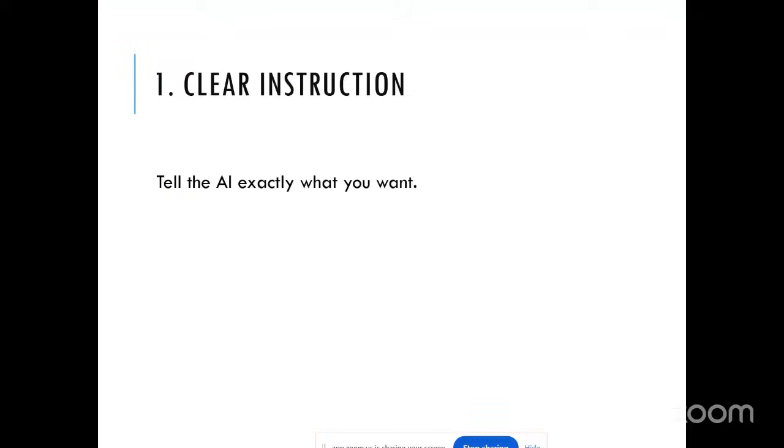The first one is clear instruction. Tell the AI exactly what you want. You want to give the prompt with clear instruction. Exactly what you want, you need to give it as a prompt.